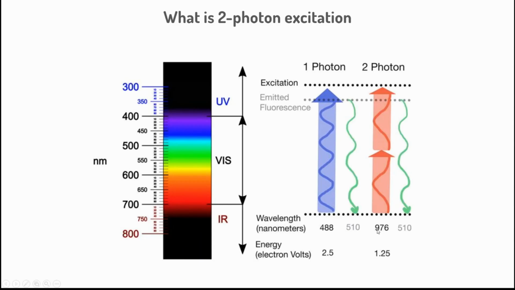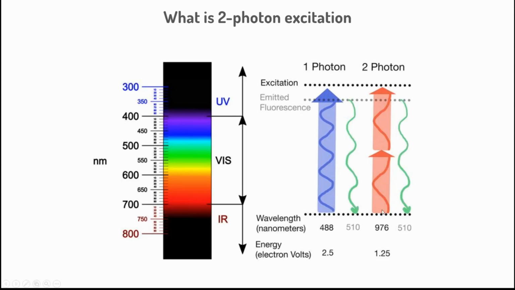I mean, we use different wavelengths for different fluorophores. But basically, you will excite with two photons at the same time. This is why it's called two photon. So they will sum their energy, and it will be as if I were exciting with only one blue photon. Here I'm using two red photons, okay? But I will get the same result, green light of 510 nanometers. But the energy I'm giving to the system is half.